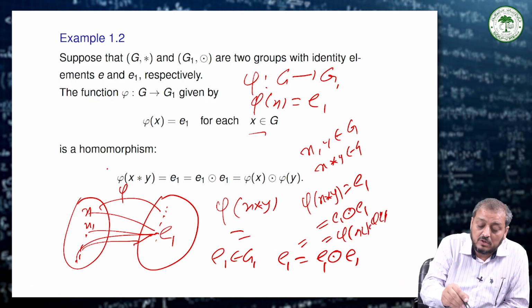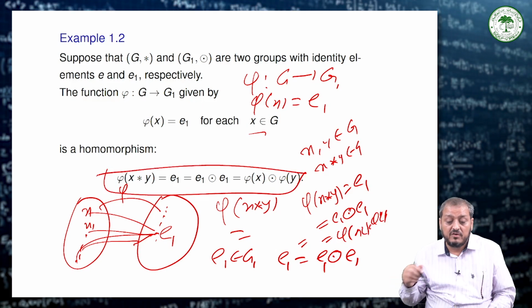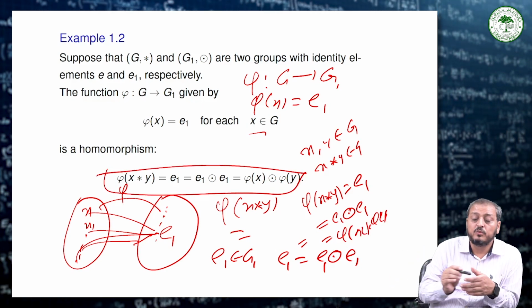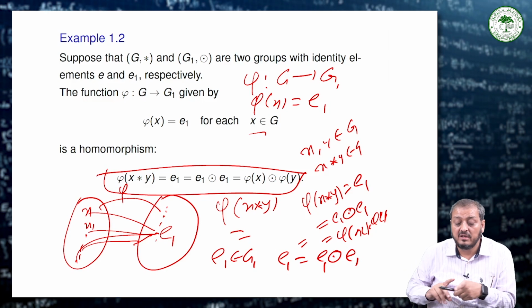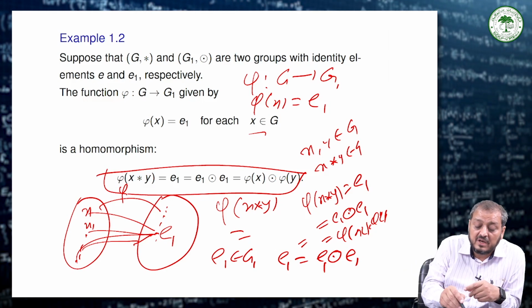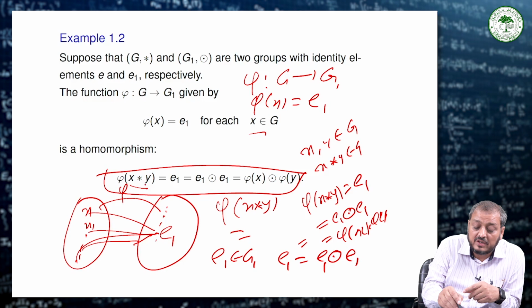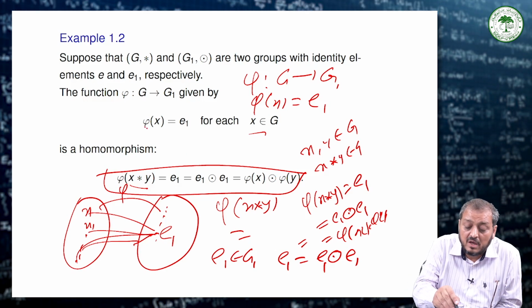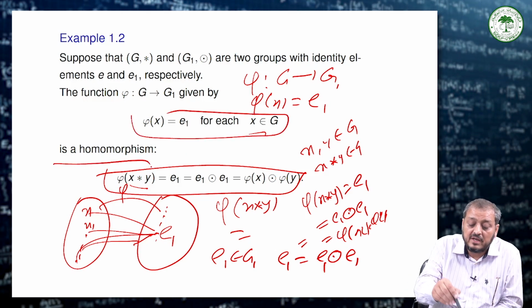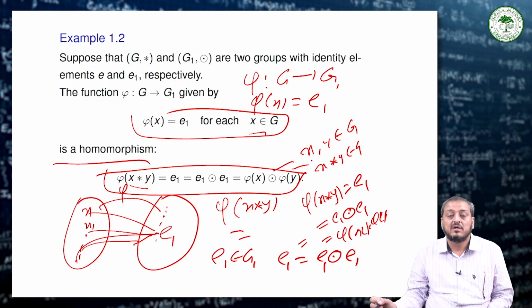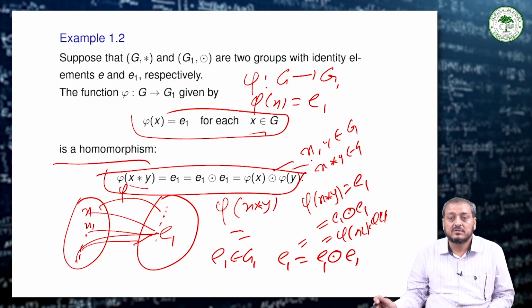So, clearly we can say that if we take two groups with identity elements E and E1 respectively, then we can write psi of xy is equal to E1. So, this clearly satisfies the preserving of the mapping.